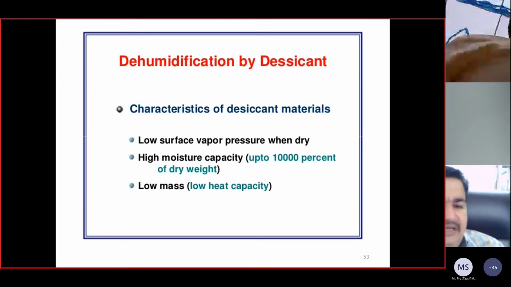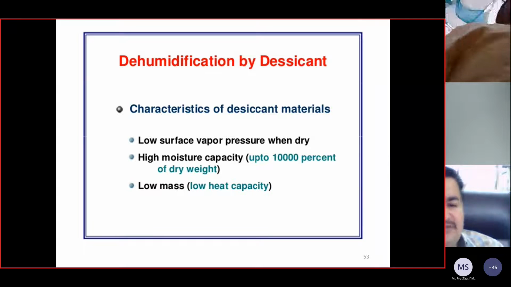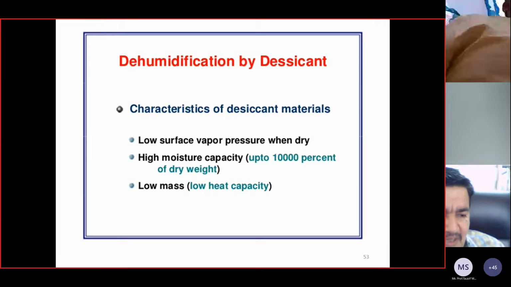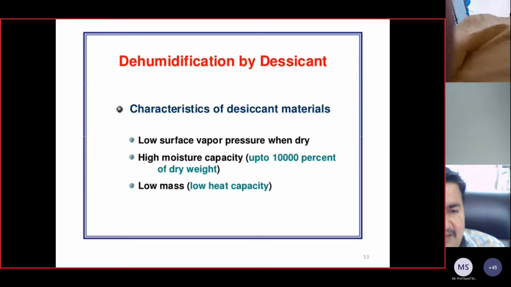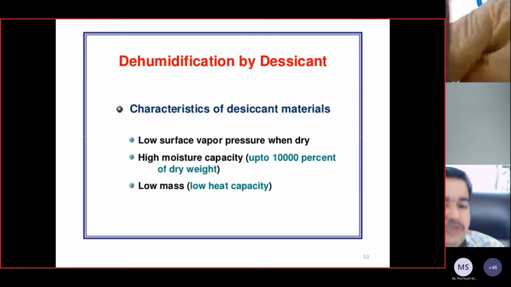So whenever the desiccant is dry, its surface vapor pressure is low, and whatever moisture is available in the air in a humid condition has a higher vapor pressure because of the increased proportion of moisture.